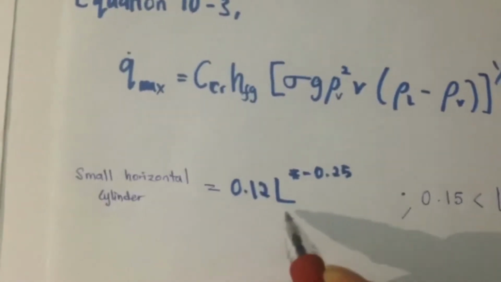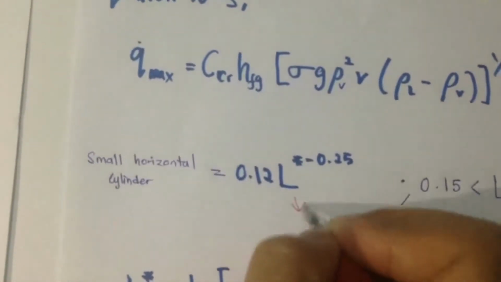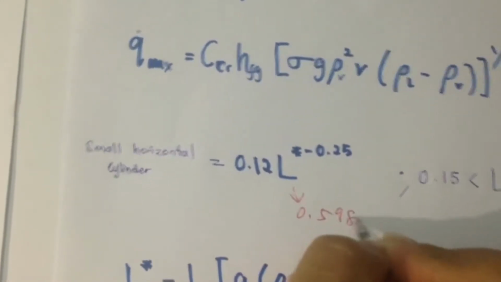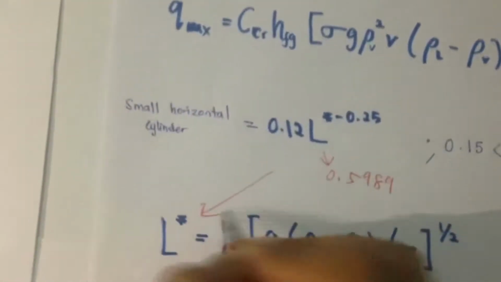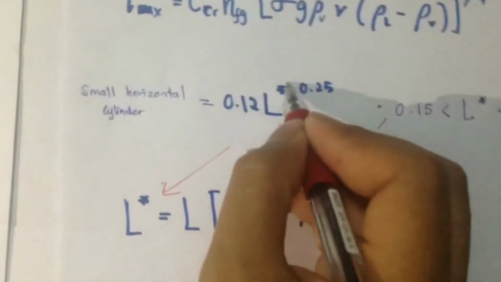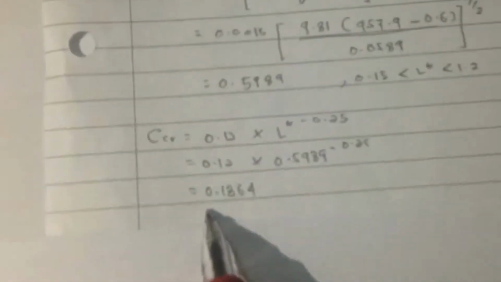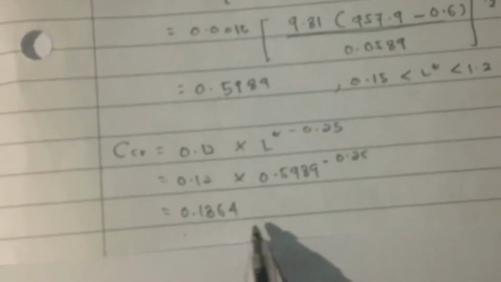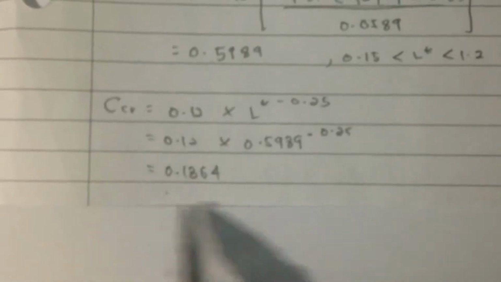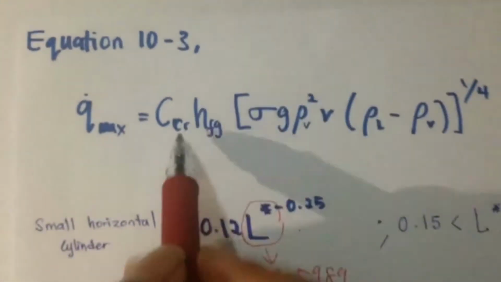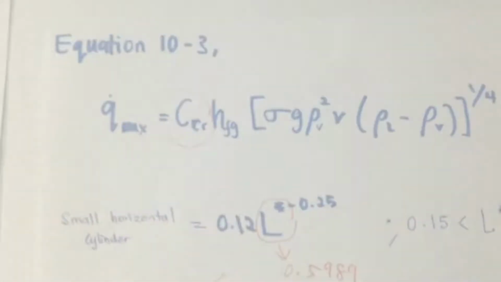After we get the L star value of 0.5989, we substitute it into this equation and calculate again. The value will be 0.1364 for the CCR, which is the value of the coefficient. And we substitute this value into the equation of maximum heat transfer.